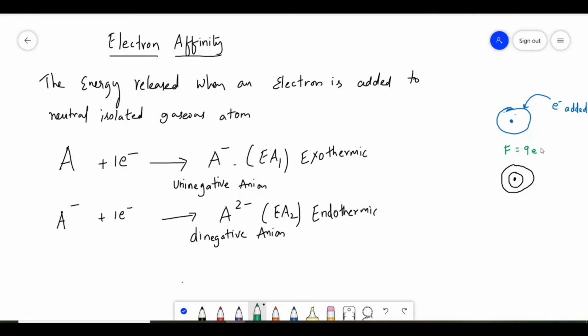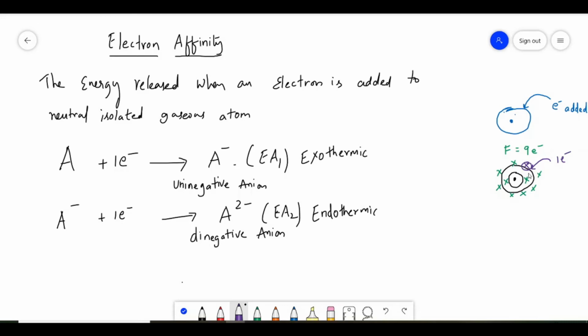In this, 2 electrons are present in the first orbit, and the remaining 7 electrons are present in the second orbit. Now, into this we are adding one new electron.